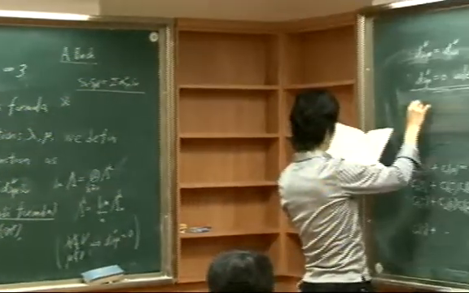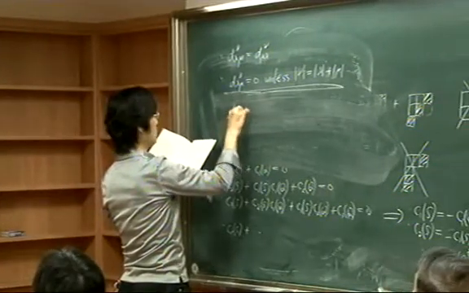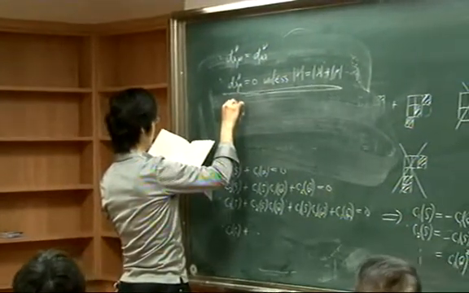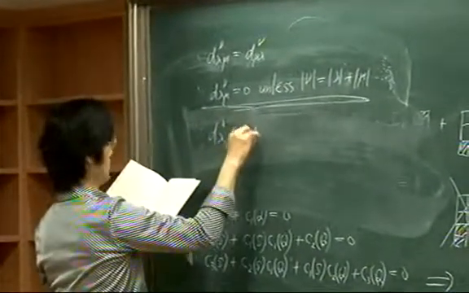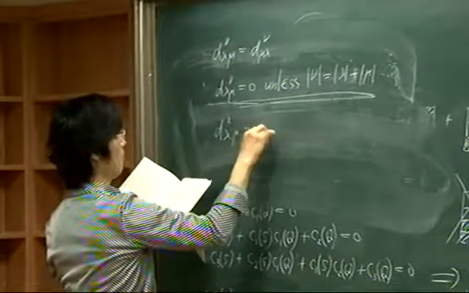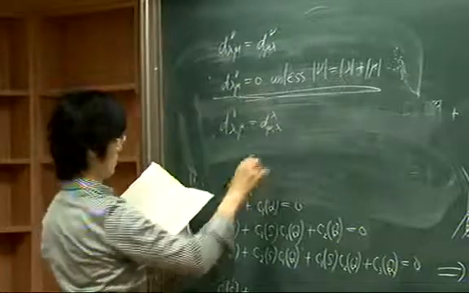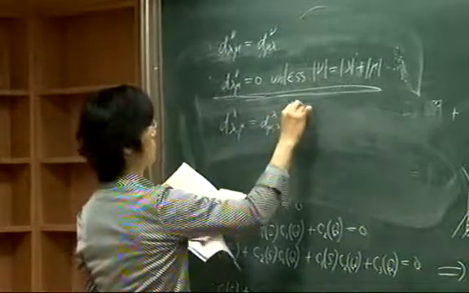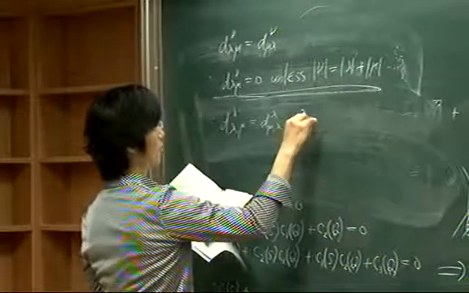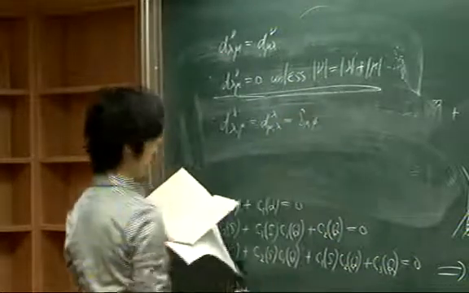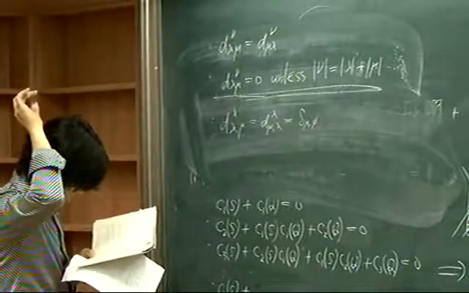The first identity comes from the anti-commutativity.